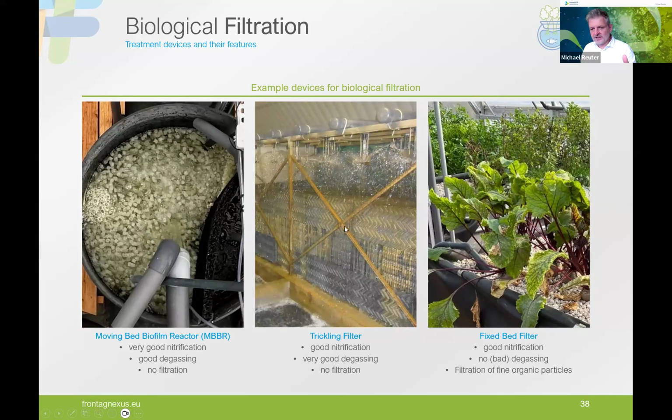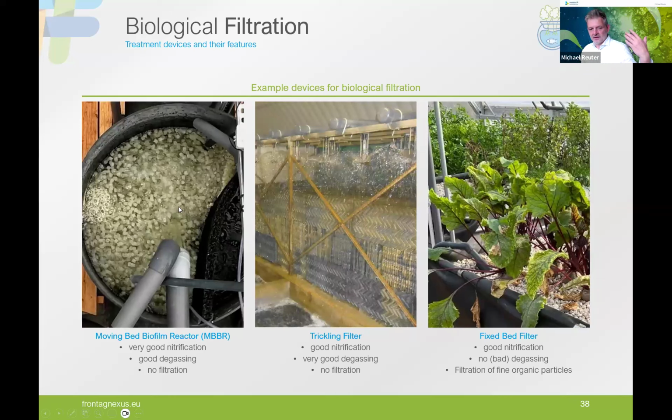Oxygen is in this filter provided by the empty space where air can circulate inside of the filter, because water only trickles down. There's plenty of air and only a little bit of water in the filter. And compared to the moving bed biofilm reactor, that is quite a different concept, because in the moving bed biofilm reactor, we have really a container filled with water, with some media where the bacteria can live on, and all this is heavily mixed by aerating actively the water body.